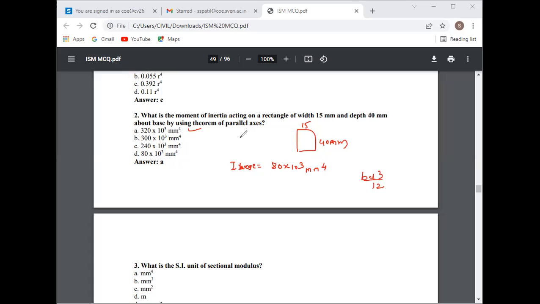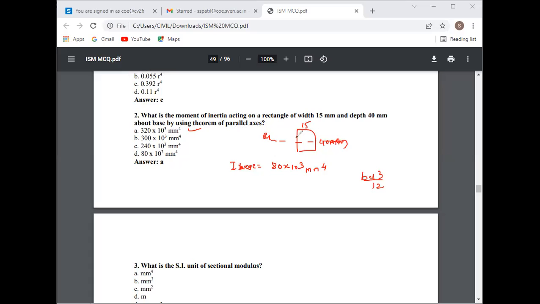Okay, likewise questions will be asked in your examination. So which option is correct? First, understand what exactly is asked in the question. Here it is about the base, and we are calculating about the centroidal axis.